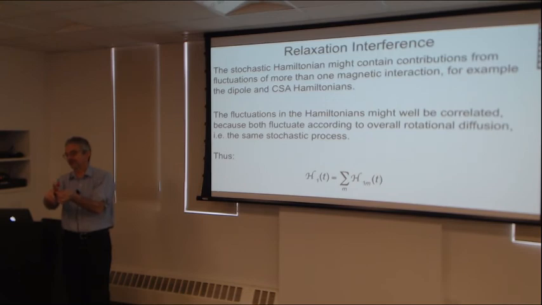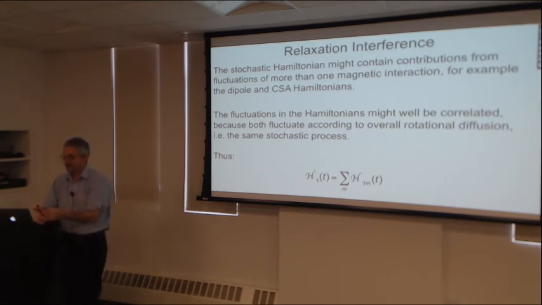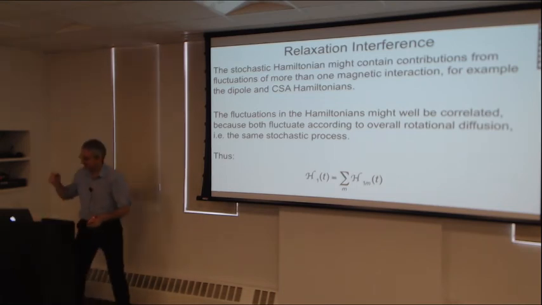It's tilted away from the bond by something like 16 plus or minus a few degrees. They're almost parallel. And as the molecule tumbles, both of those orientations change more or less the same way. If the molecule was rigid, they would have exactly the same time dependence. And that means that the fluctuation that the N15 sees is always the vector sum of those two interactions. And we can ask how that affects things.